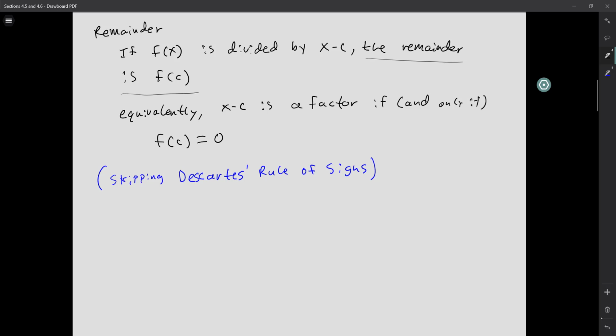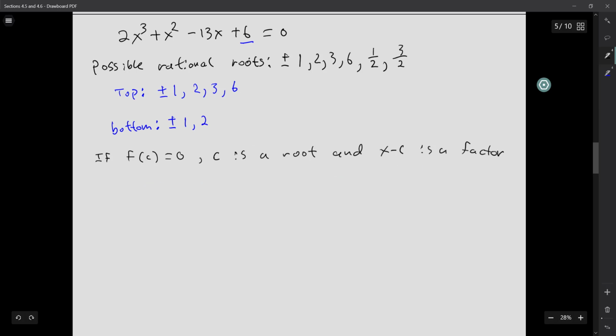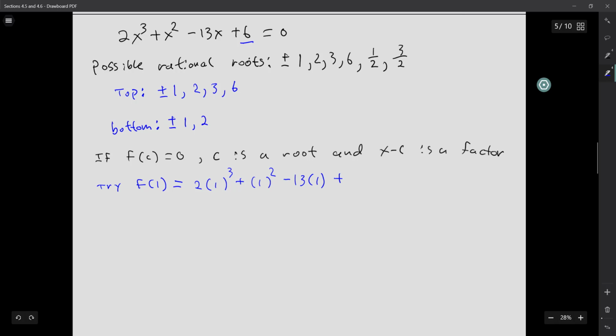So if I plug in 1, let's go back down. We're going to get 2 times 1 cubed plus 1 squared minus 13 times 1 plus 6, which works out to, let's see, 1 times anything is itself. So we got 3 minus 13 plus 6, which works out to 9 minus 13 is minus 4.